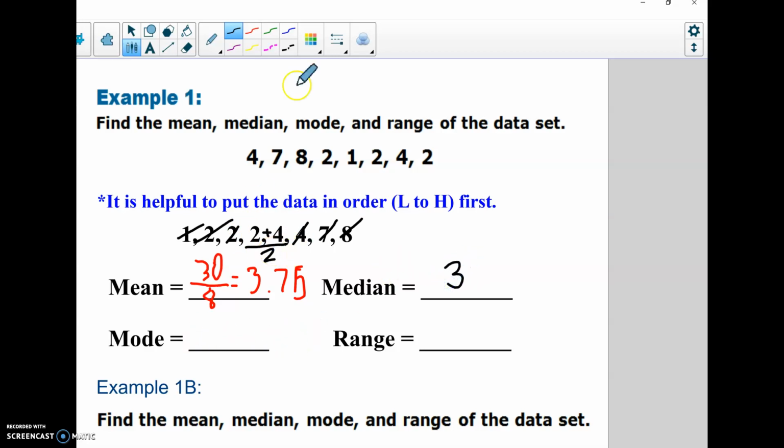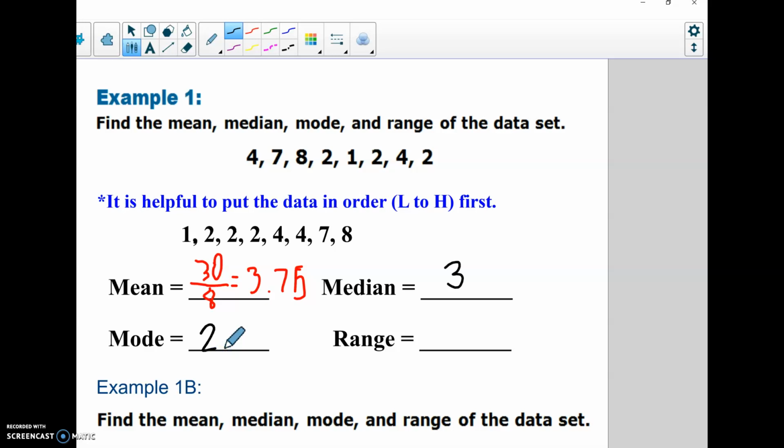Okay, the mode is the number that shows up the most. So I'm looking to see what number shows up the most, and I can see that 2 shows up the most. There's 3 of them. So my mode is 2. Sometimes there's no mode, when every number shows up the same amount. And sometimes there's more than one mode.